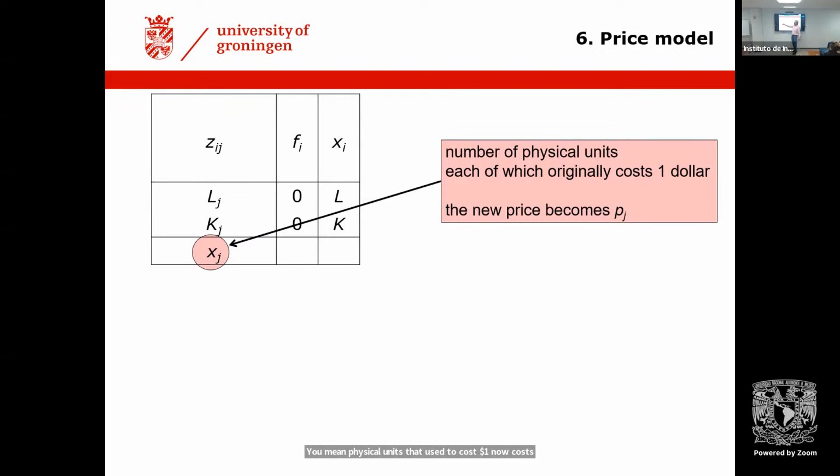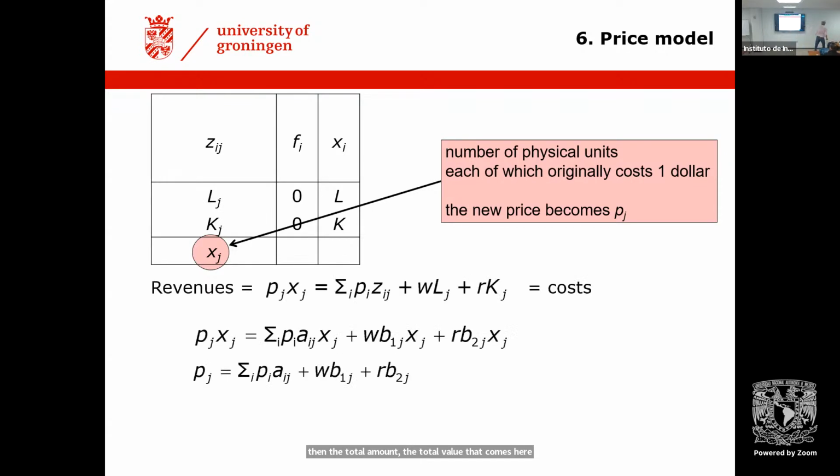So if every unit now costs PJ, then the total value that comes here is PJ times XJ. We have here the revenues, PJ times XJ, and we must also calculate the cost.